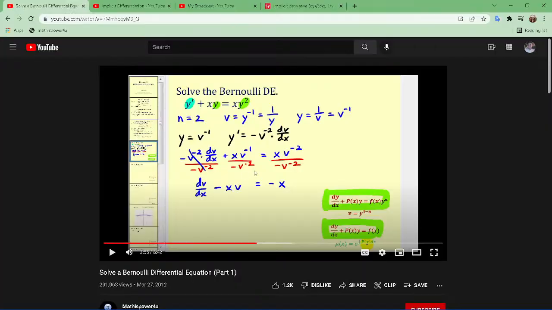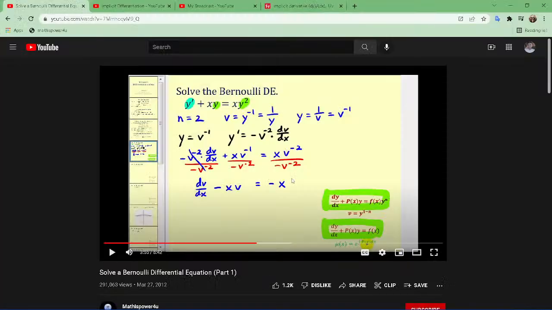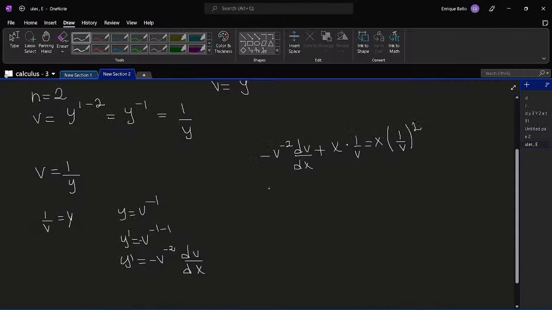Oh, he divided us. Interesting. Yeah, he wanted to get rid of the dv, but he did dv to the positive 2. They did dv minus negative 2. Right. Alright, let me check that.